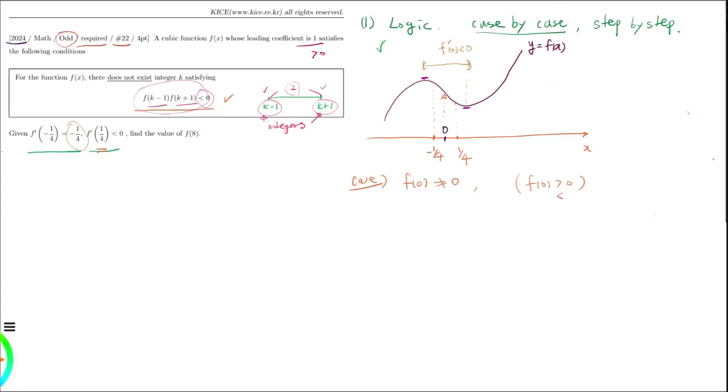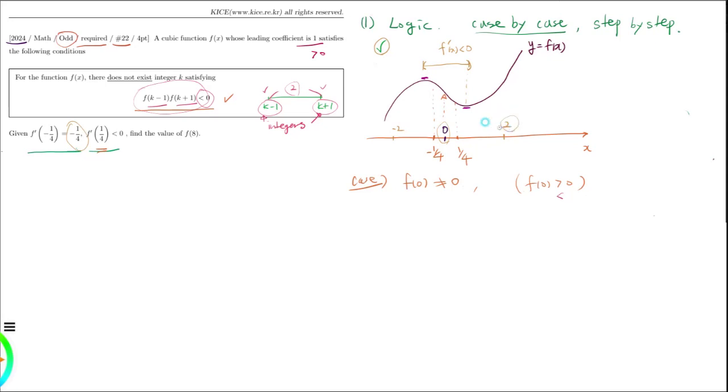So simply take a look at this case, which I have already drawn. The partner for this 0 could be 2 or negative 2.